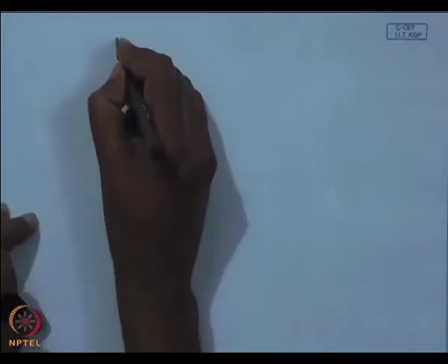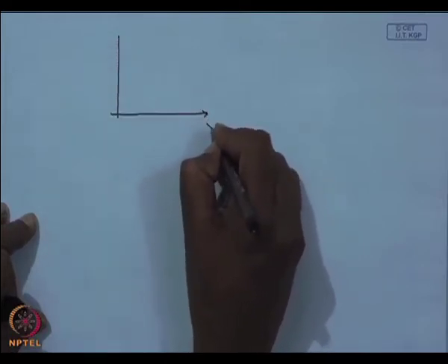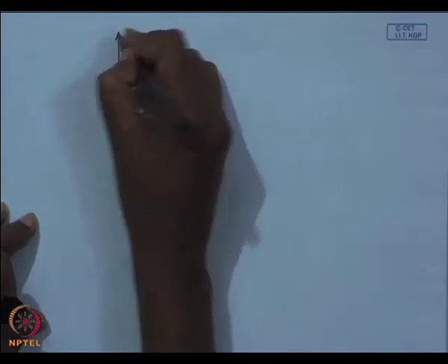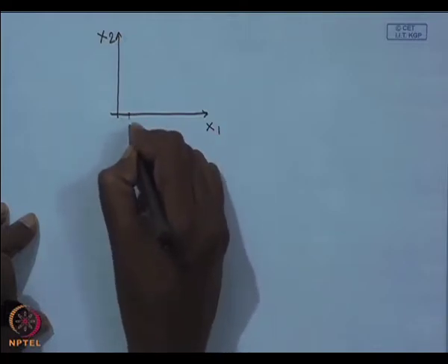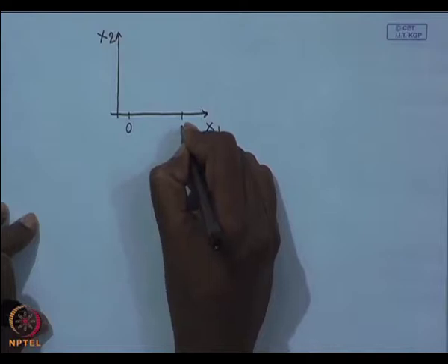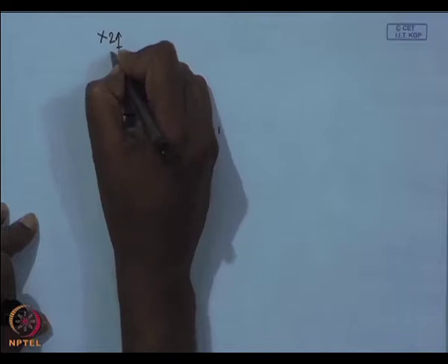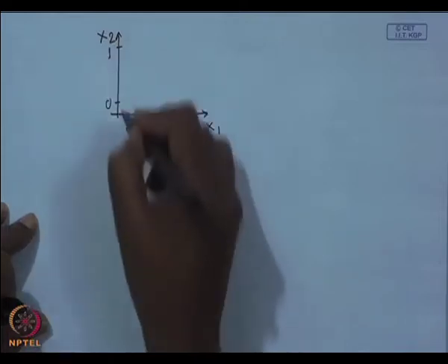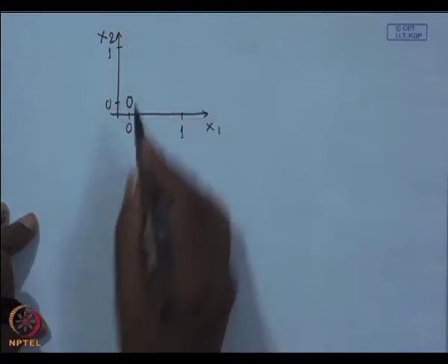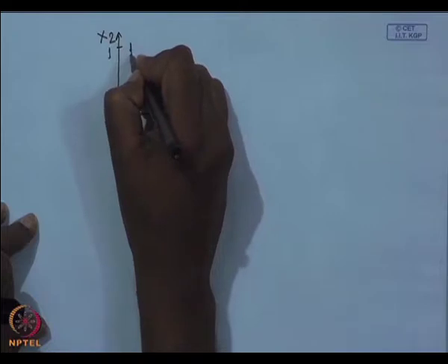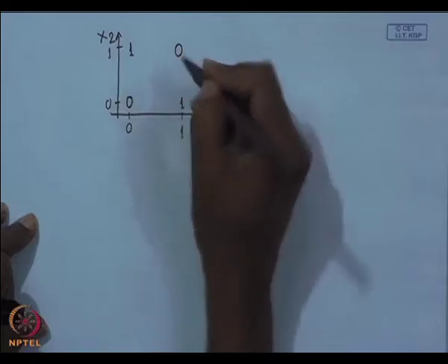If I take an XOR function, I have a 2-dimensional binary feature vector with components x 1 and x 2. Here x 1 equal to 0, this is x 1 equal to 1, here I have x 2 equal to 0 and here x 2 equal to 1. The value of the XOR function for 0 0 is 0, for 0 1 the value is 1, for 1 0 the value is 1, and for 1 1 again the value is 0.